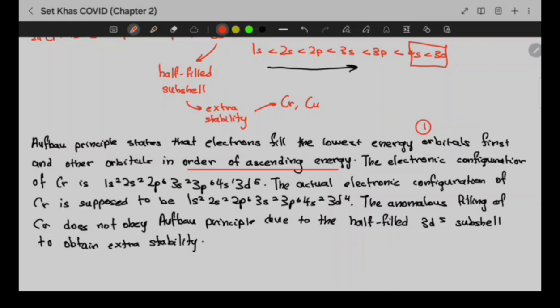So from here you can see I'm mentioning the electronic configuration of chromium, the supposed-to-be electronic configuration of chromium, and why chromium does not obey the Aufbau principle. So from here you can get the second mark, the third mark, and the fourth mark. So it's an easy score.